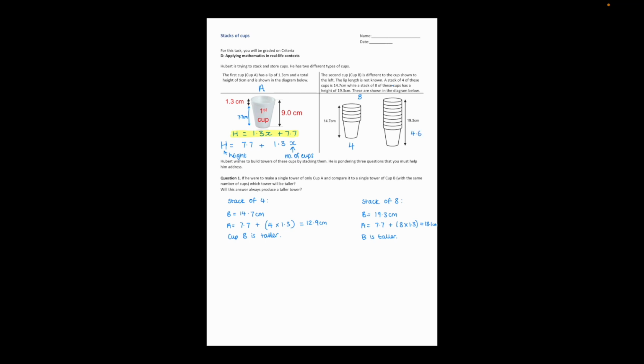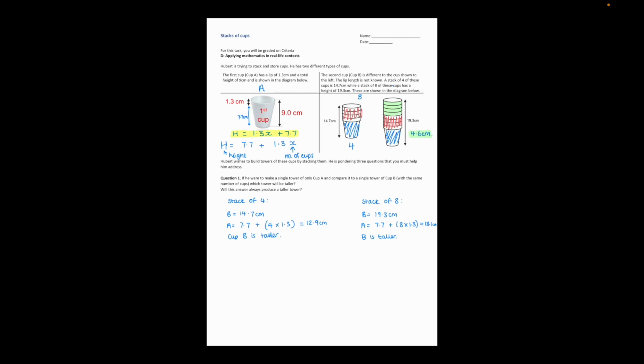So I have a 4.6 centimetre difference. Given that this is the same in both, in this one I have 4 of the lip, and in this one I have 4 of the lip here, the only difference is that on this second stack I've got an additional 4 lips. So that must be equal to this difference in my number.